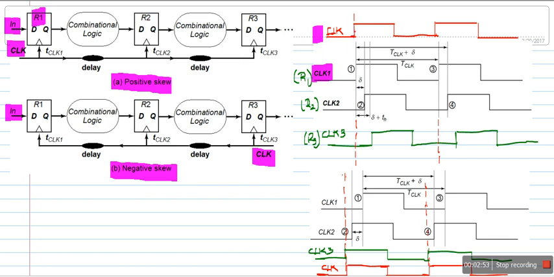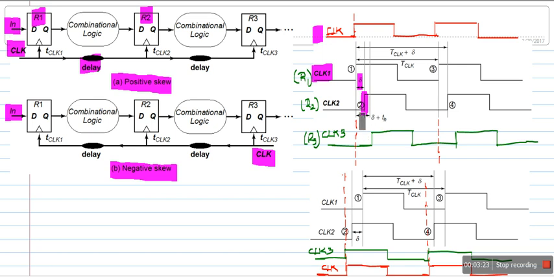If you look at the case of R2, R2 will receive the clock signal after this delay. Because of this delay present in the path, R2 will receive the clock signal after a delay of delta. This is the clock transition, or the first time the register R2 will receive the clock signal.